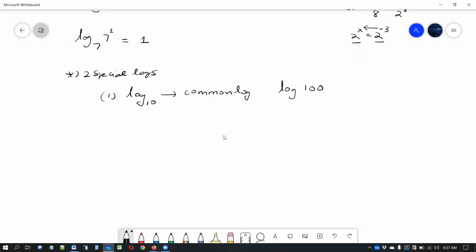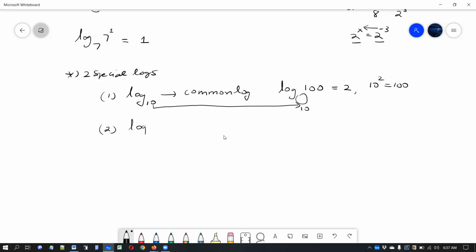So for example, if you see an expression like log 100 without a base, that means the base is 10. It's invisible there, but it's 10. So the answer to this is 2, because 10 squared is 100. So common log is log base 10, normally written without the base.